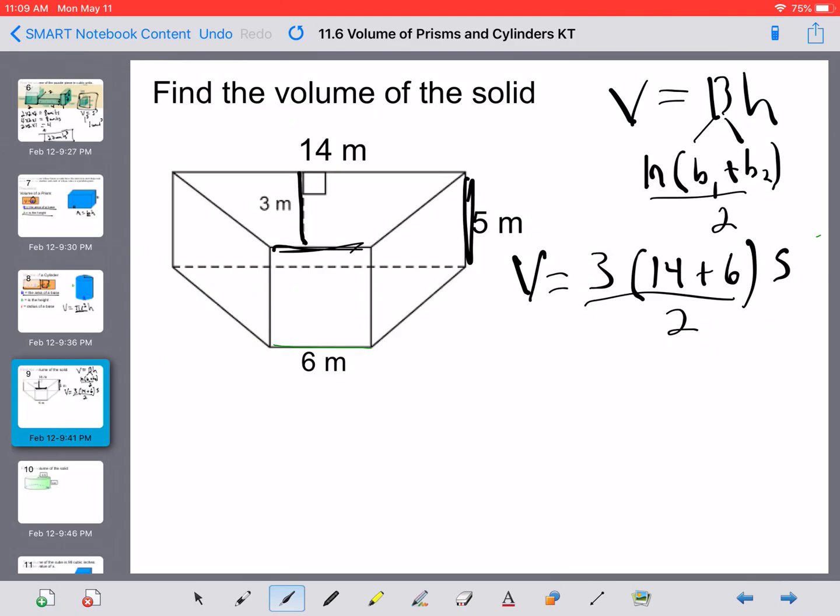Okay. Now if we punch this into our calculator, this is going to be 20 times 3, which is 60, divided by 2 is 30, times 5 equals 150 meters cubed. That would be our volume.